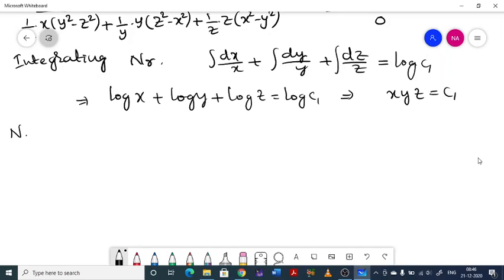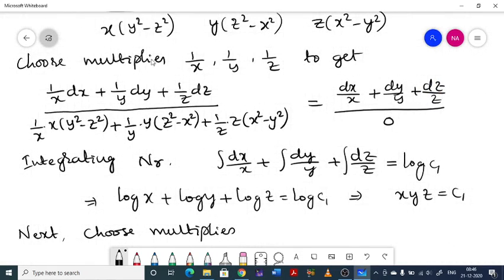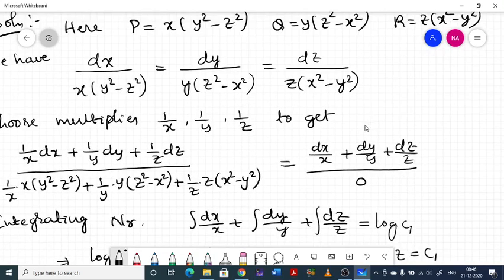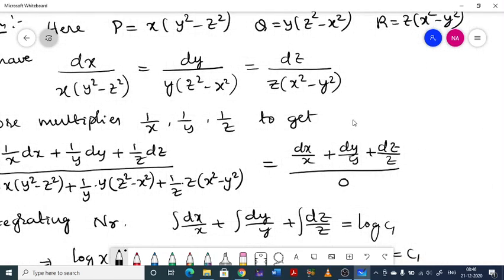So next, choose multipliers. See, here we have x into y square minus z square. If you multiply x here, I'll get x square y square minus x square z square.